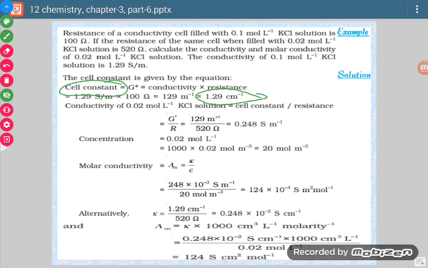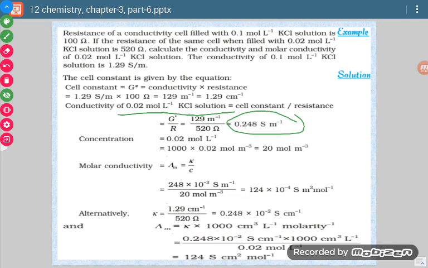Now we have to calculate the conductivity of 0.02 mole per liter KCl solution. Again we apply the same formula, that cell constant is equal to conductivity into resistance, so conductivity is equal to cell constant over resistance.